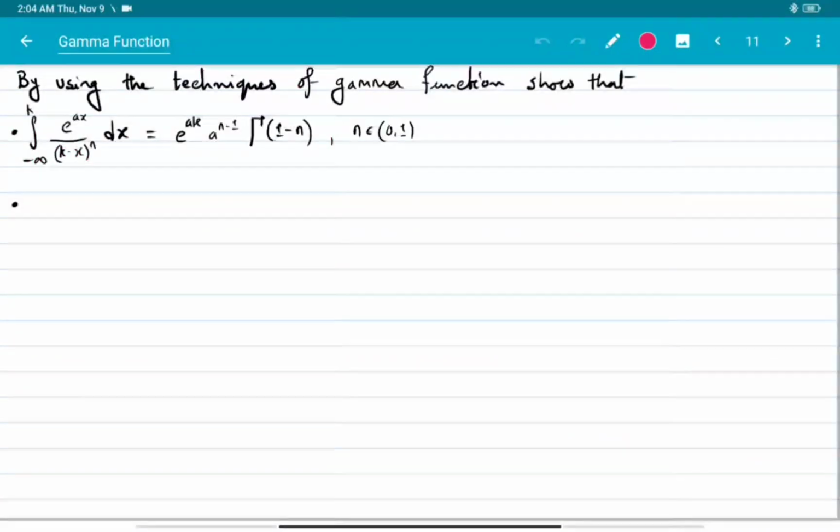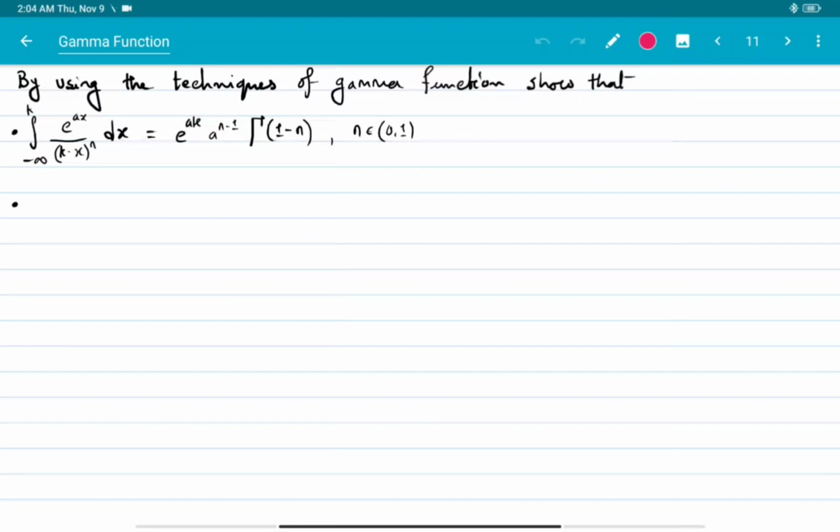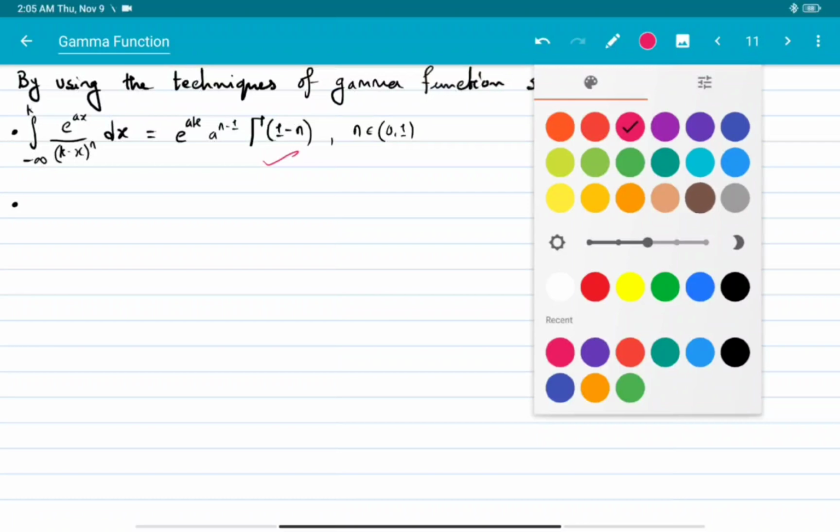In our next problem, it is asked that by using techniques of gamma functions, we have to prove this integral can be written in this form. So let me change the color.